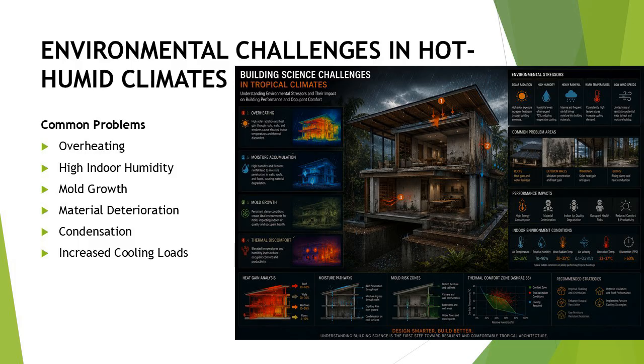Moisture affects both occupants and buildings. It can lead to mold, mildew, material degradation, and poor indoor air quality. Architects must therefore address both thermal and moisture performance simultaneously. Ignoring either issue often leads to long-term building failures.